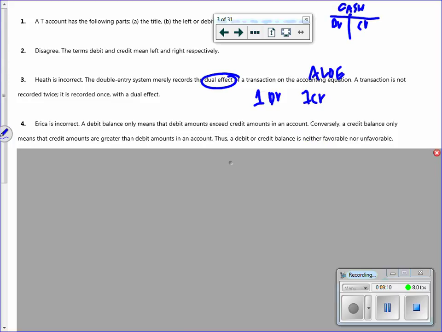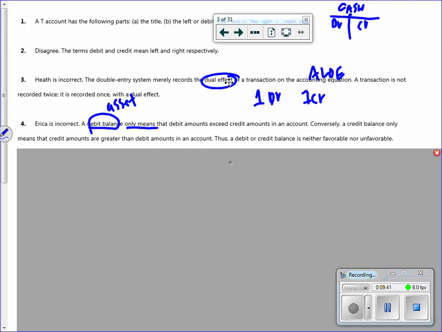A debit balance, like an asset account, only means the debit exceeds the credit amounts. Conversely, this is just more wordy than I would like. Okay, debits aren't always a good thing, especially if that's on the right side of the T. If we're talking just assets, then yeah, the student would be correct.